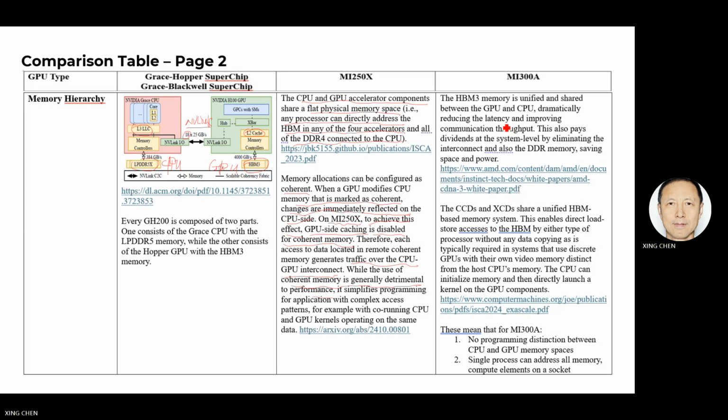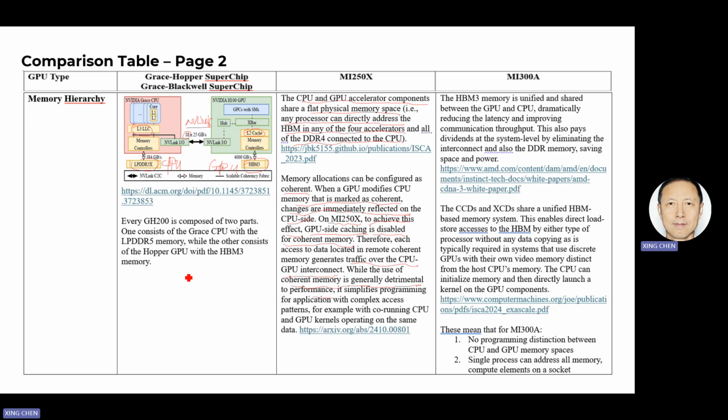For MI300A, things are totally different. The memory is no more like the superchip. With GraceHopper you have two parts: the CPU and the GPU, the CPU memory and the GPU memory, the CPU cache and the GPU cache.